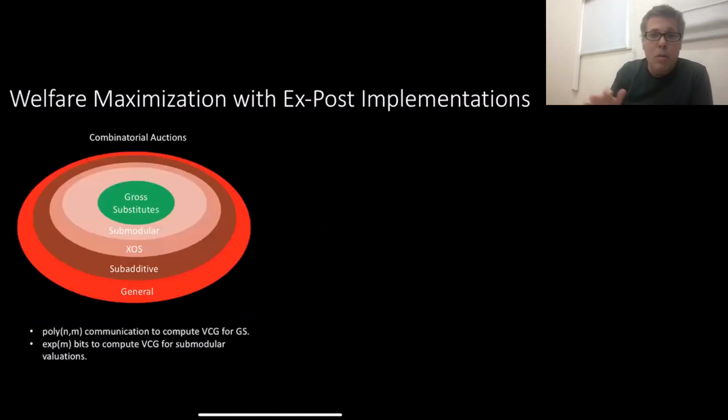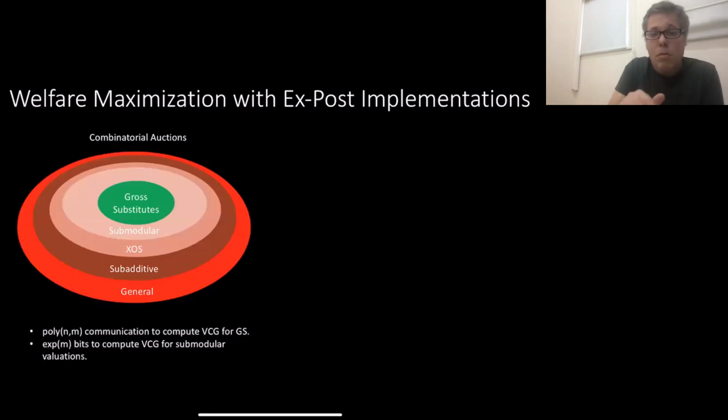Okay, so let's see what we know about welfare maximization with ex-post implementations. In combinatorial auctions, we have the class of gross substitutes valuations, in which communication that is polynomial in N and M is needed to compute the optimal welfare. If we can compute the optimal welfare, we can also easily compute the VCG prices and have an ex-post implementation of the welfare maximizing mechanism.